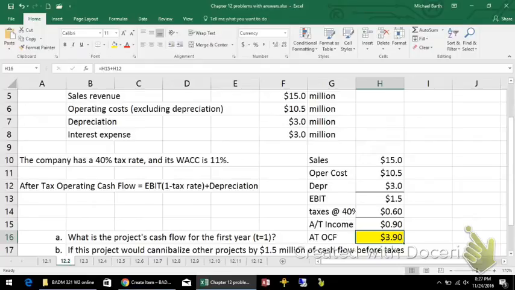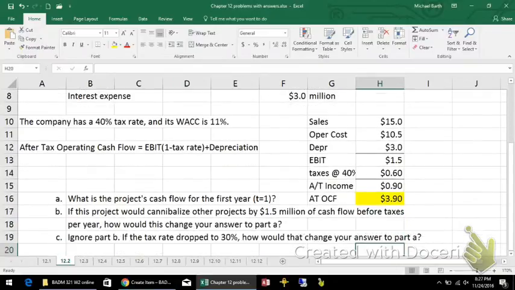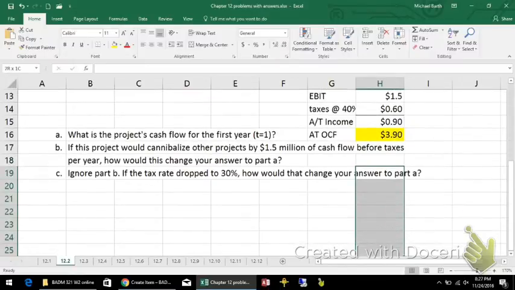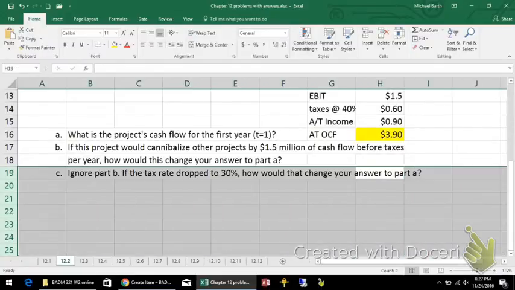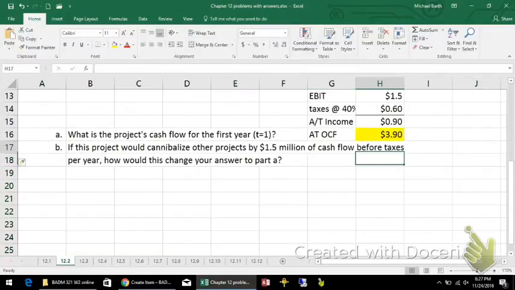The project's cash flow in year t equals 1 is $3.9 million. If the project would cannibalize other projects by $1.5 million of cash flow, then we would just treat that as if it was another operating expense.